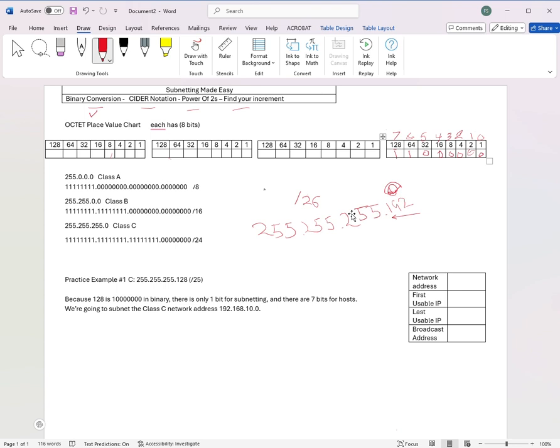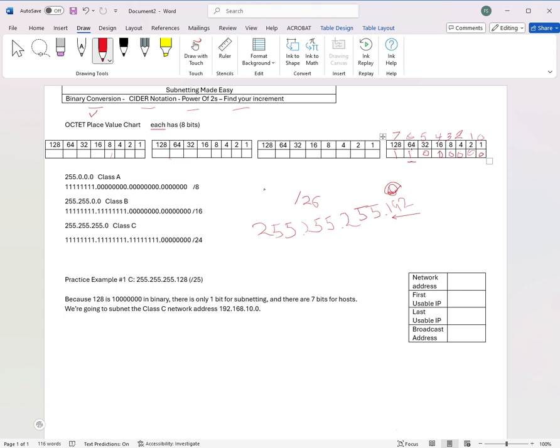Okay, so now we need to find our increment, and our increment in this example will always be the last bit. And our last bit is here in the 6th place value. Using the power of 2, it's 64.